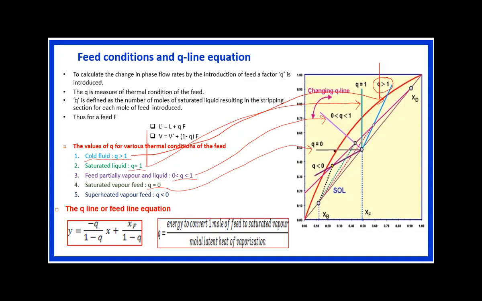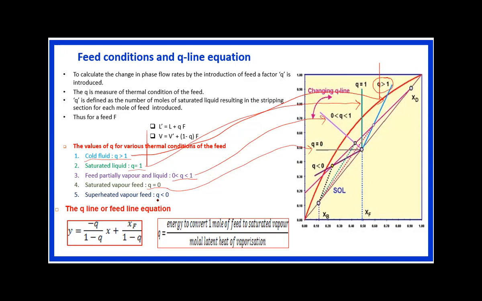So this clearly indicates that q equal to 0 means the slope is 0, and q equal to 1 means the slope is infinite, and in between q equal to 0 and 1 the slope is between 0 and infinity.